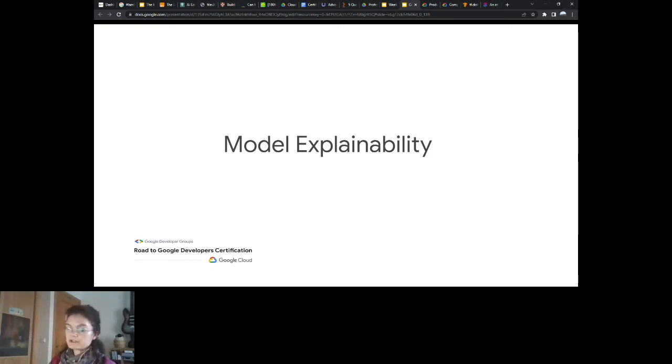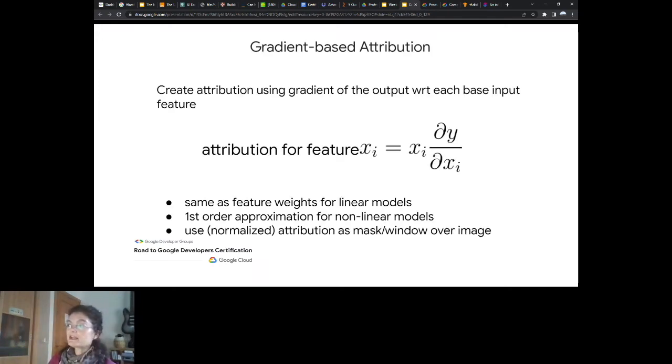But in this particular case, for neural networks or things that are more complicated to explain, like someone was already pointing out, there is something called gradient-based attribution. The way to understand it is that I know you know derivatives from mathematics. Does the audience know what a derivative means? What you're seeing here in mathematics is a derivative.